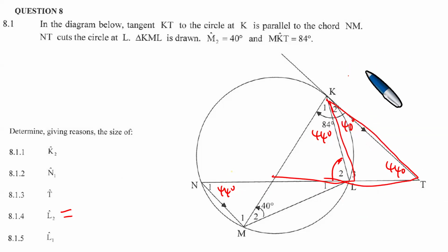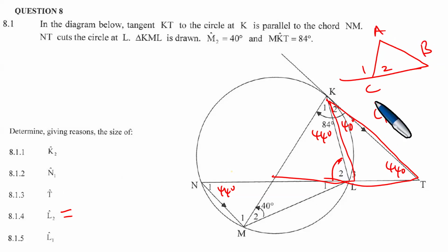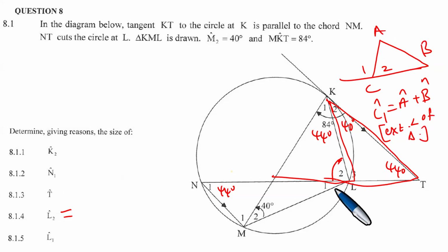They mark the angles 1 and 2, and call this C, A, B. Then they say angle C1 equals angle A plus angle B, the exterior angle of a triangle equals the sum of the interior opposite angles. So it is the same one. We can say L2 is this one plus this one.